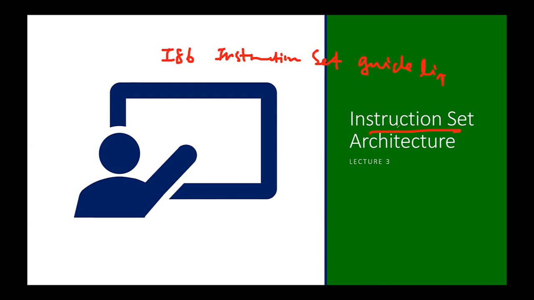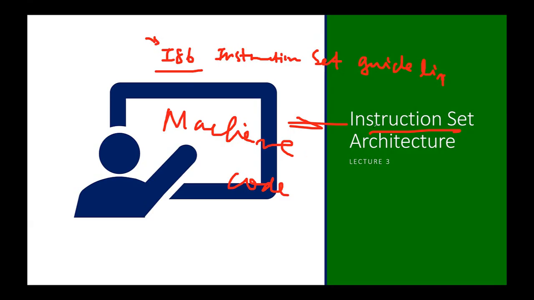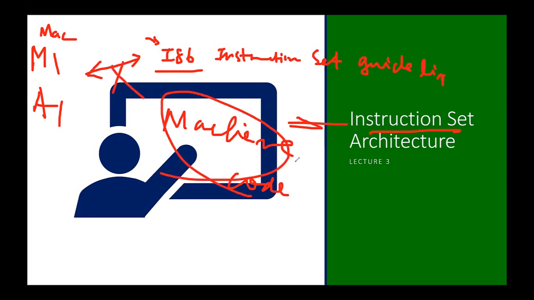So the instruction set actually is the machine code. Before you write a program for a computer, you need to know what computer you have. The x86 has one kind of machine code. If you use an M1 from Macintosh, Mac, it's a totally different instruction set. So these cannot talk to each other. These two use different machine code.